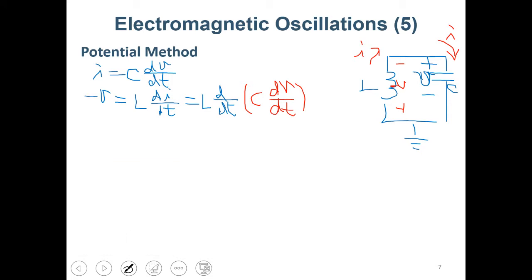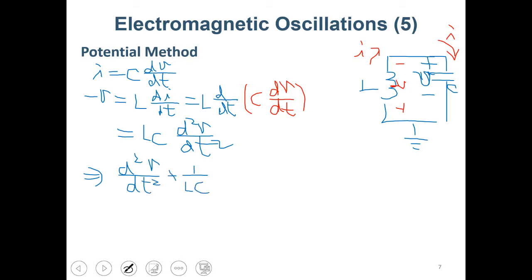So next, we have LC times the second derivative of V. We divide by LC on both sides, so that we have the second derivative of the voltage plus 1 over LC V equals to 0.